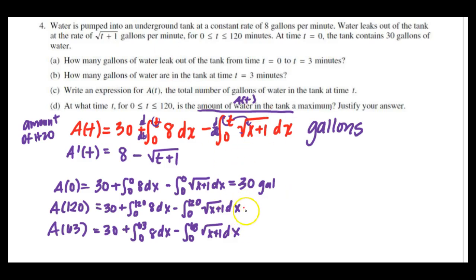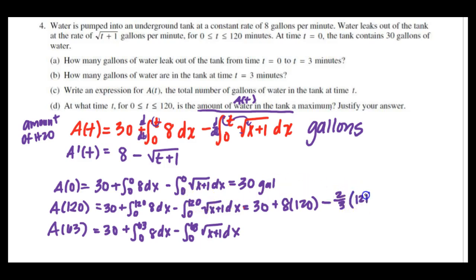Alright, so this part would be, let's see, 30 plus, I'm doing a little bit of stuff quickly here. So this would be, the antiderivative is 8t, so when I substitute in 120 and then 0, it's just going to be 8 times 120. And we actually did this antiderivative earlier. It required a u substitution. And what ended up happening, so again, I'm doing some shortcuts. This was 2/3, and my new limit of integration, if I let u be x plus 1 to this 120, would be 121.